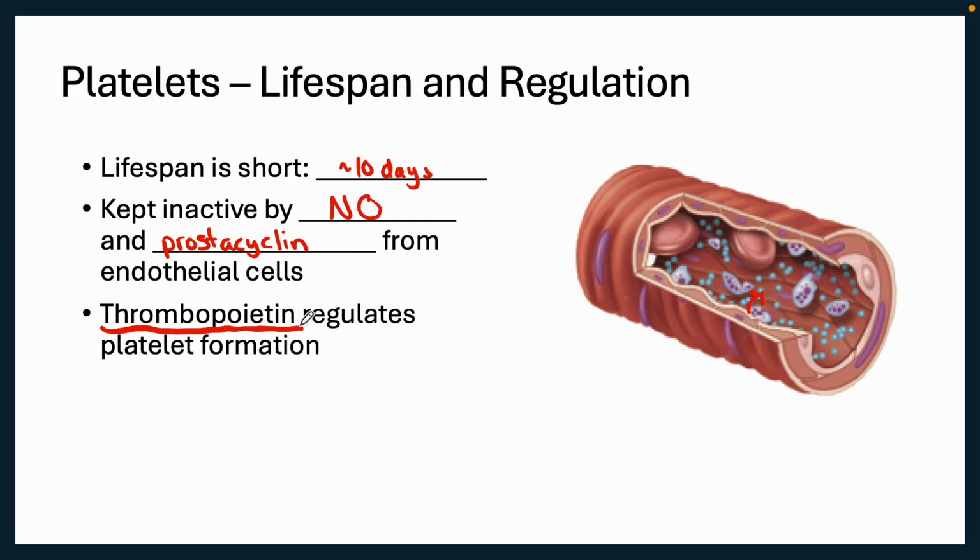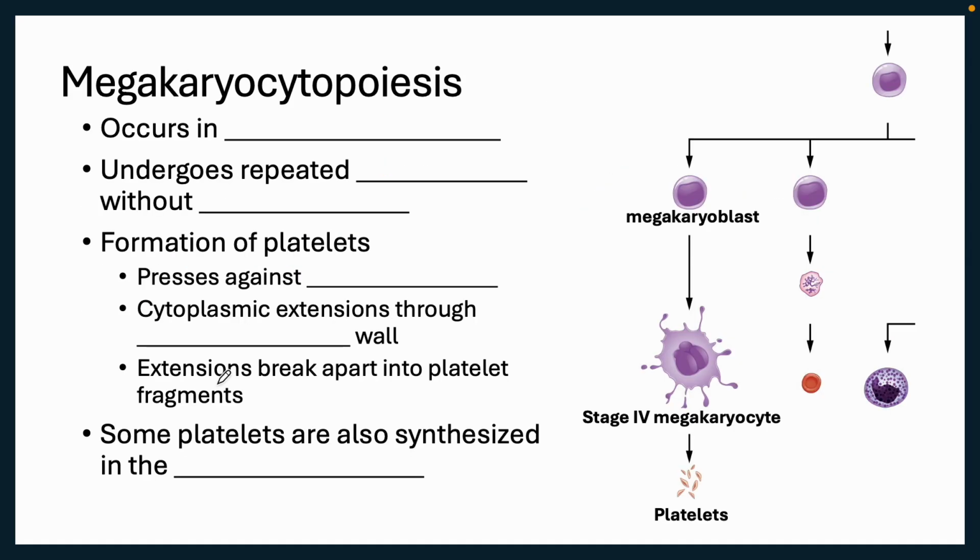We've already talked about how the megakaryocytes are formed. So these are going to come from the myeloid lineage. Megakaryocytopoiesis, that's a big name, but ultimately it is the formation of platelets.